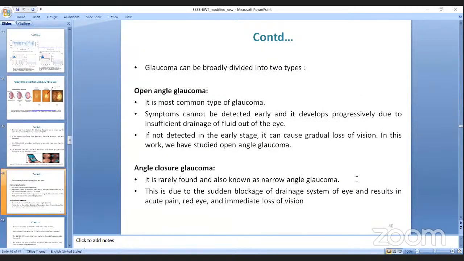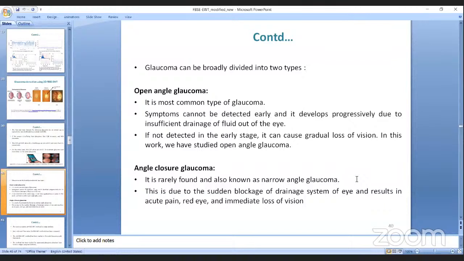Glaucoma can be broadly divided into two types. The first type is open angle glaucoma, and the second type is angle closure glaucoma. Open angle glaucoma is the most common type, and its symptoms cannot be detected early. It develops progressively due to insufficient drainage of fluid out of the eye, and if it is not detected in the early stage, it can cause gradual loss of vision.